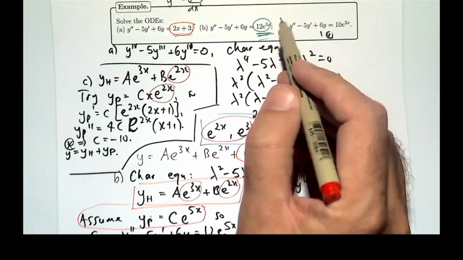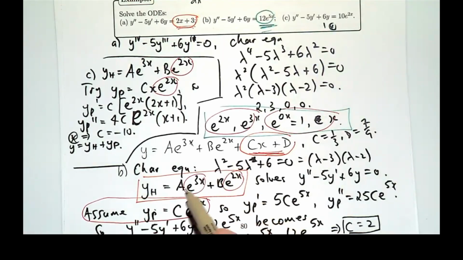Is that the same form as that or that? Well, it's an exponential, but it's not e to the 2x or e to the 3x on the right-hand side. Because if you assume that a particular solution has the same form as one of these, then when you add them, the second part is not bringing anything new to your solution method.